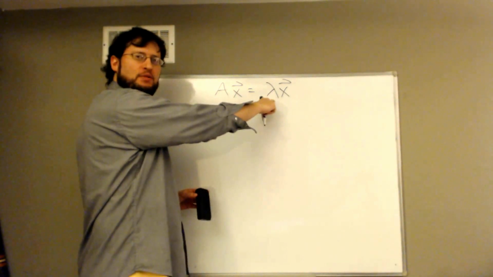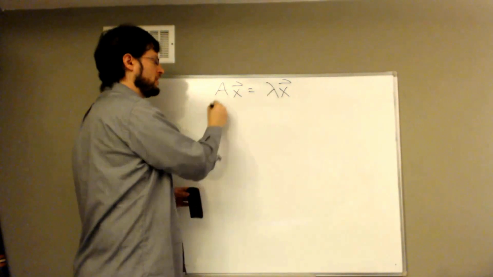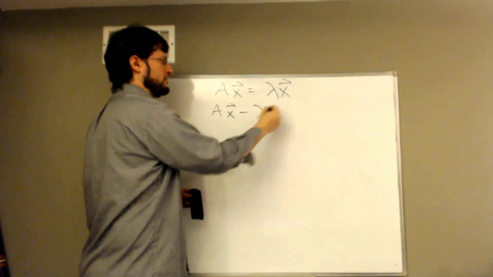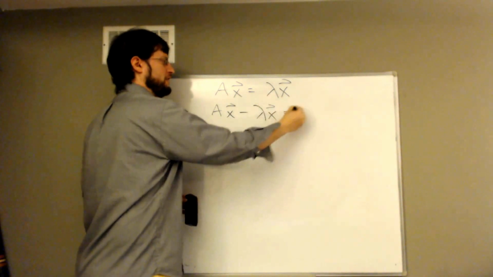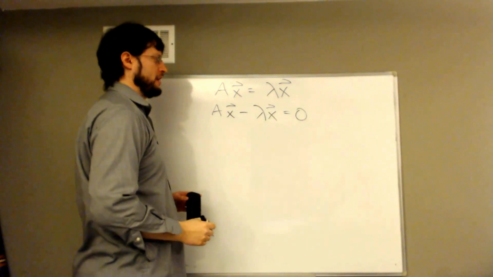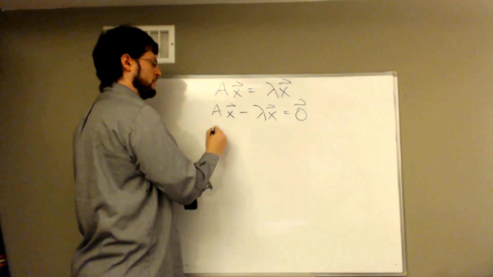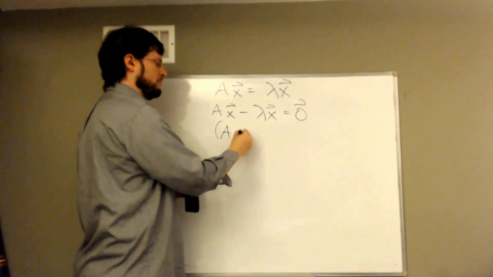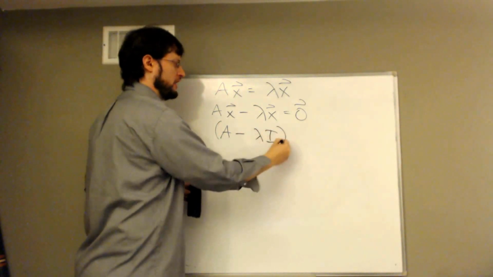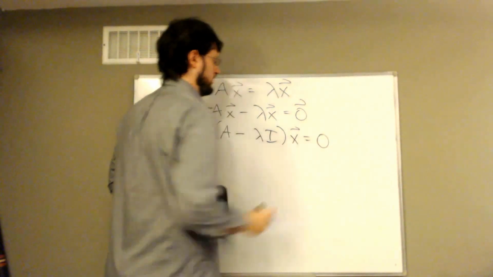We actually plugged -1 in for lambda, but in general we can think about this as just what we actually did. If I bring this over to the left, I get Ax minus lambda x equals 0. And then I factor an x out on the right. This becomes A minus lambda times the identity, times x, equals 0.